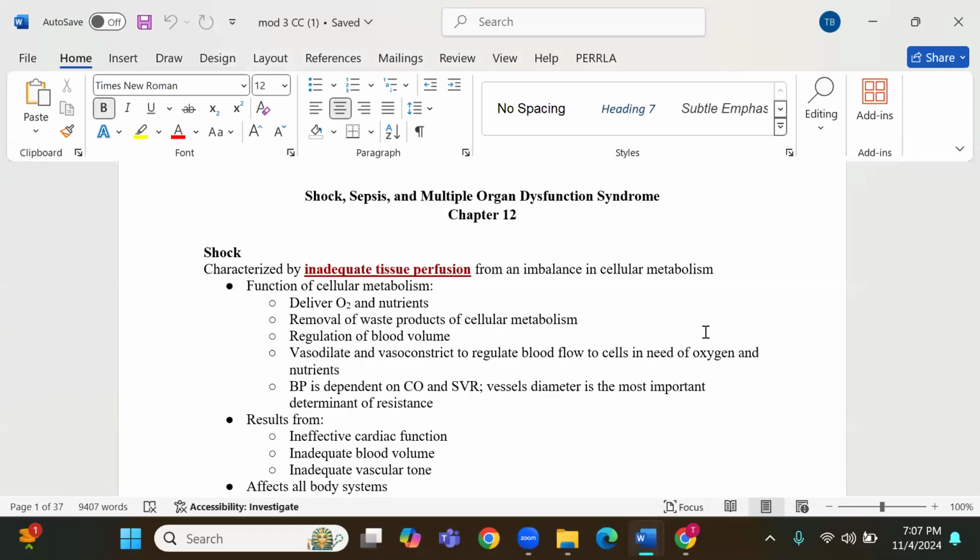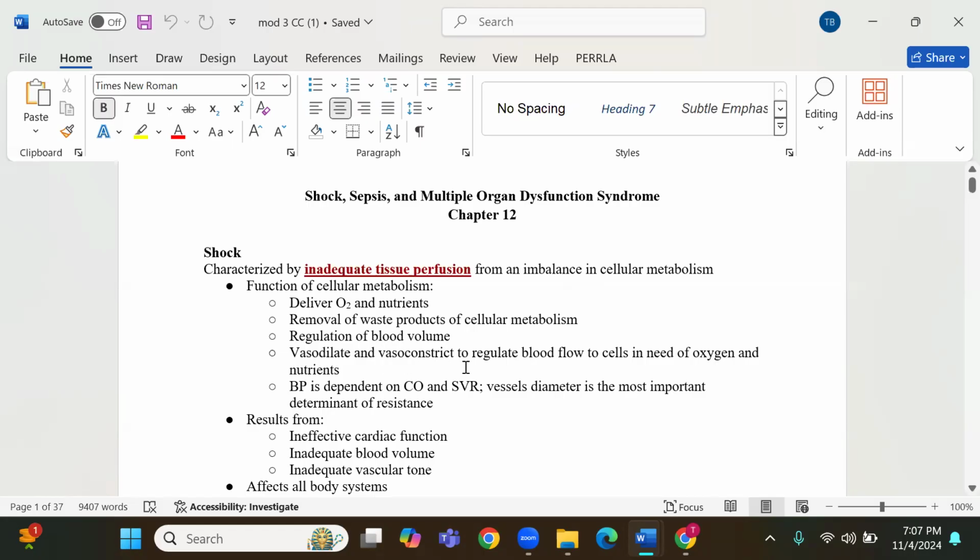So what I want you to know is, what is shock? Essentially, any kind of shock that the patient has is inadequate tissue perfusion, which means that all of a sudden the organs and the tissues aren't getting oxygen and nutrients. They can't remove waste products. The blood volume could be low, and you'll see why in a minute.